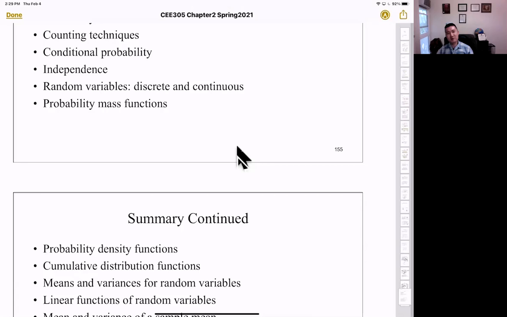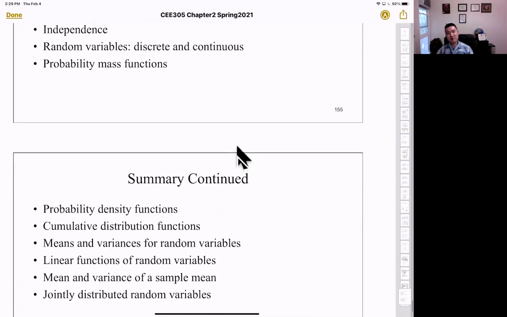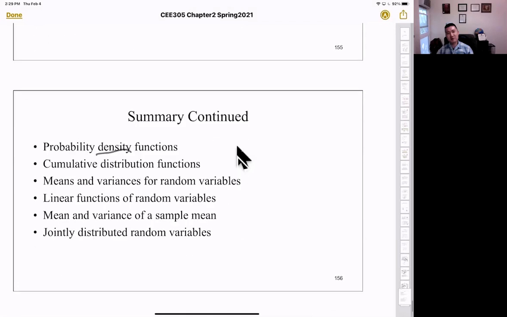So this is mass function for discrete and density function for continuous variables. We also know what a cumulative distribution function is: we just do the sum or the integration from negative infinity to the number we are interested in. Then the mean value and variance for the variables.